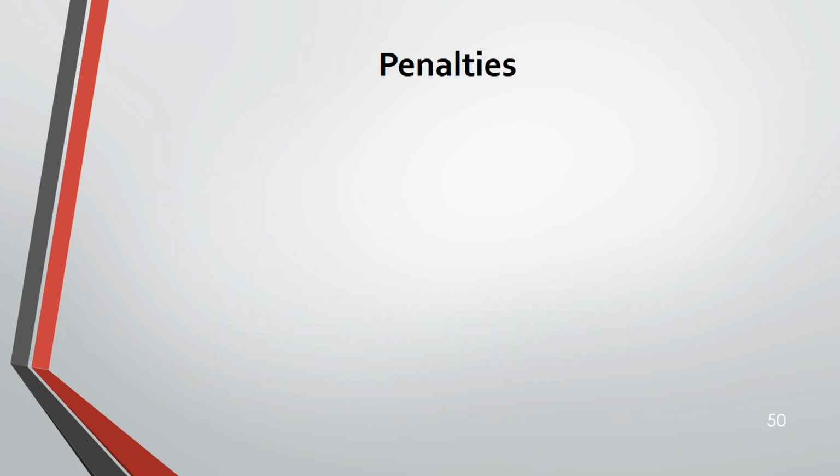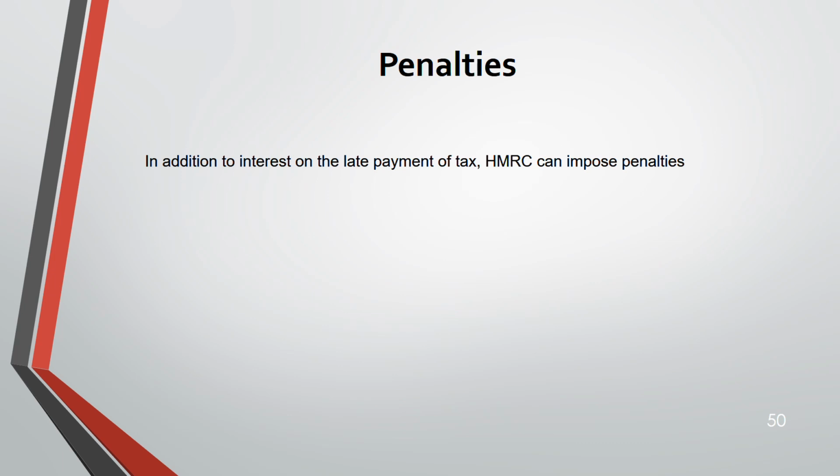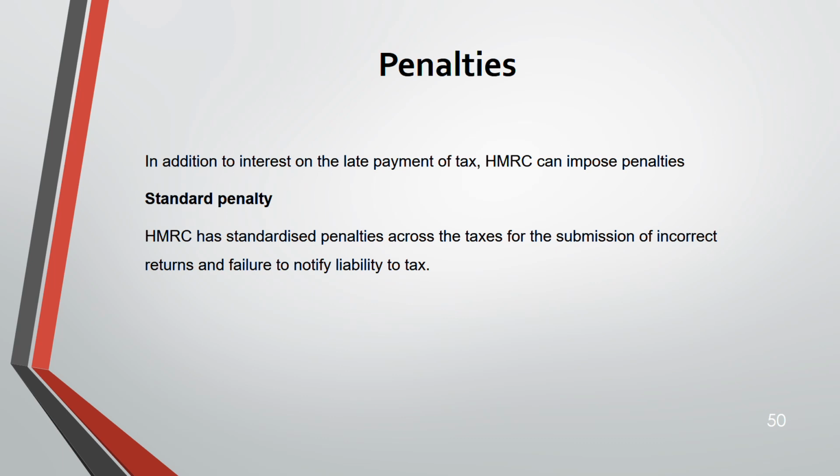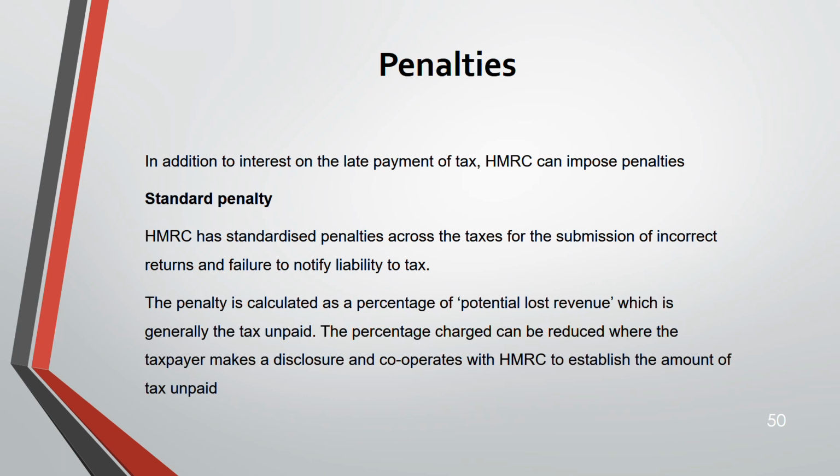Now, penalties. In addition to the interest for the late payment of tax, HMRC can impose some penalties also. Standard penalty. Basically, HMRC has standardized these penalties across the taxes for the submission of incorrect returns and failure to notify liability to tax.